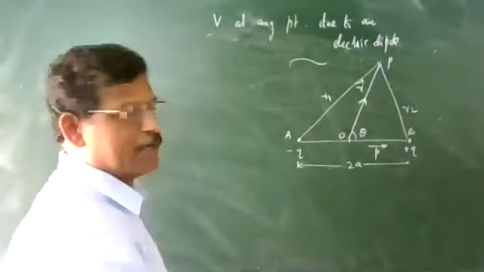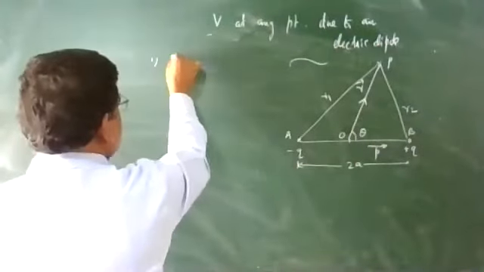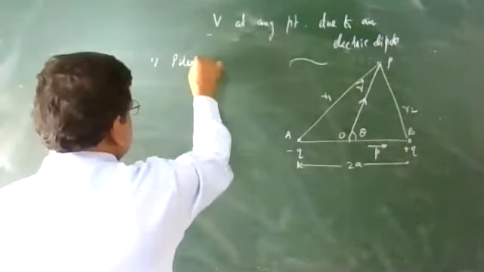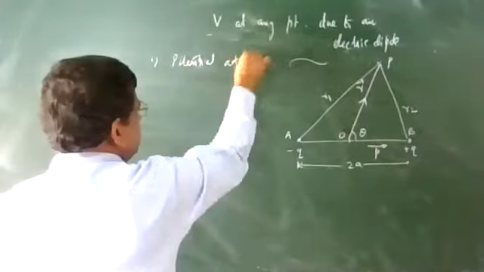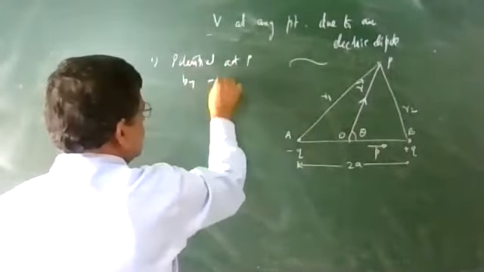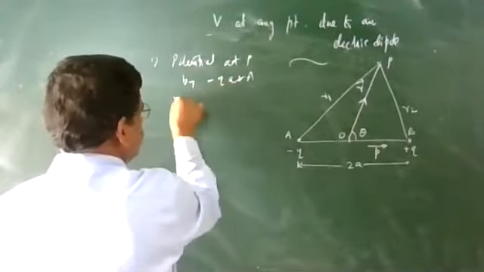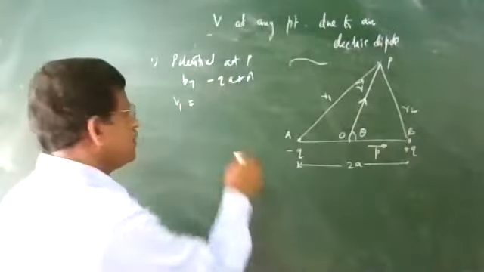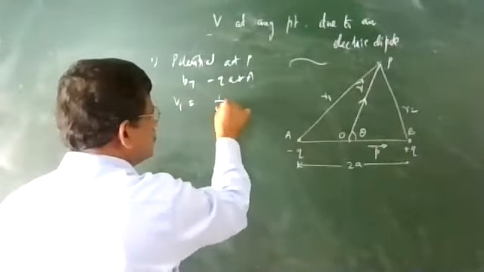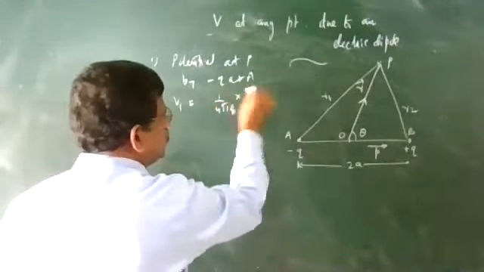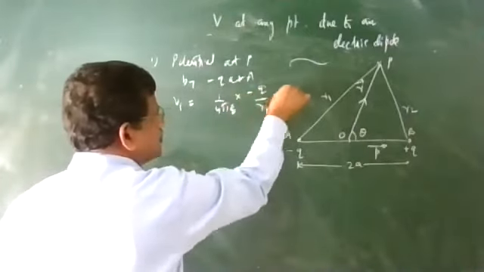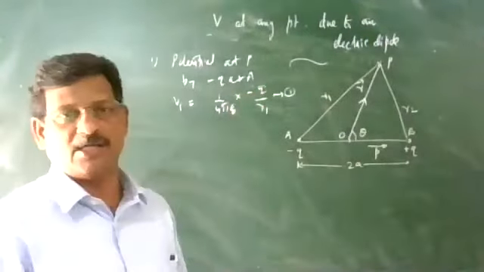So point number 1, what is the potential at P? Potential at P by minus q charge which is at A, that I am marking as V1, equal to 1 by 4 epsilon 0 into minus q divided by r1. Minus charge, so potential is negative.